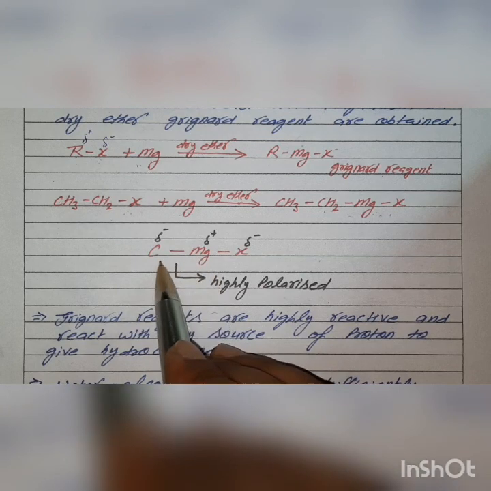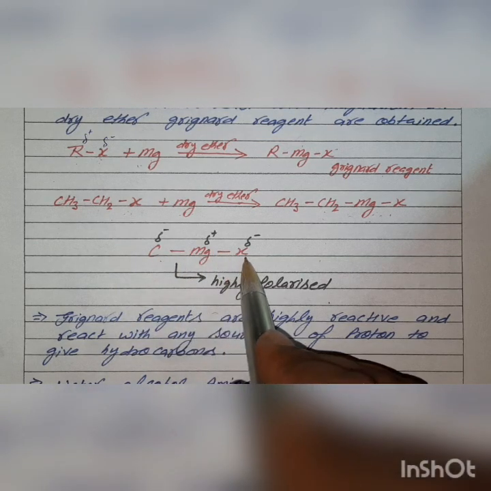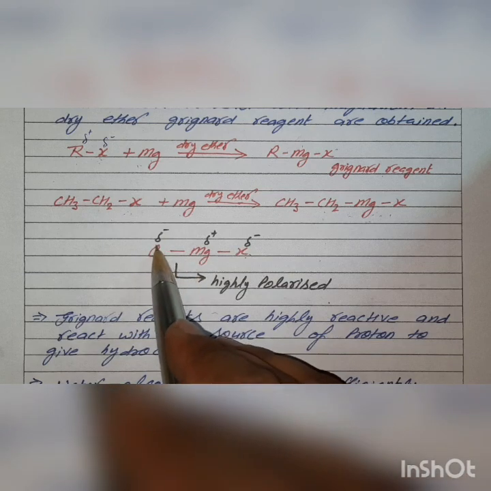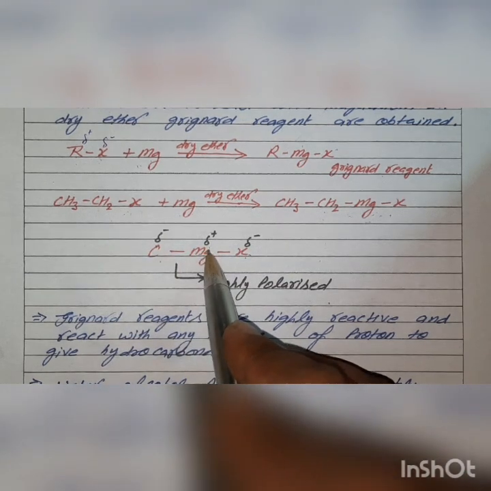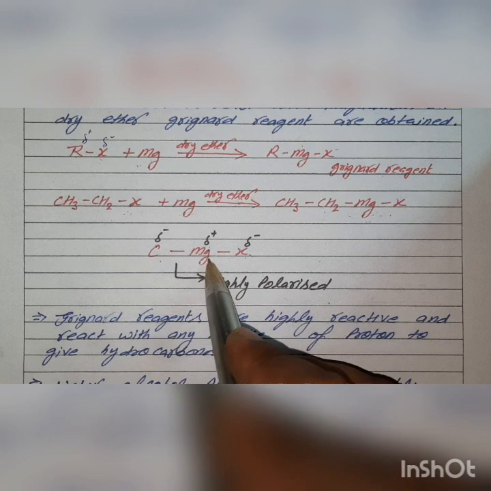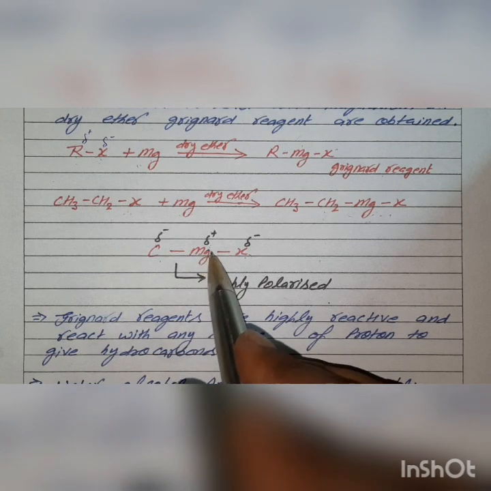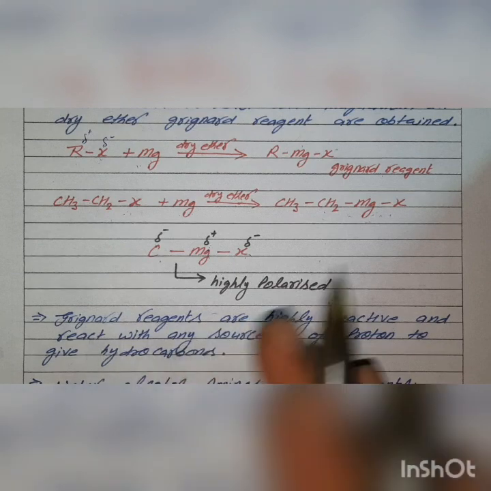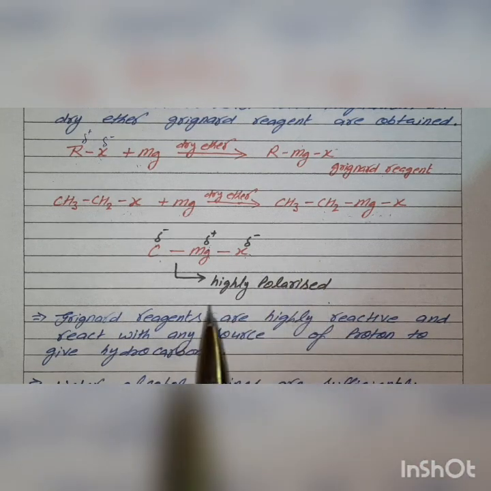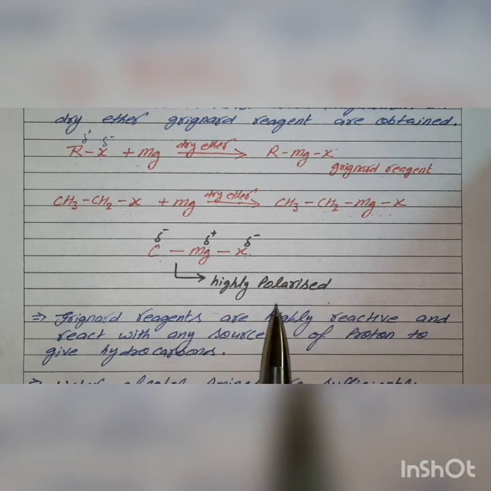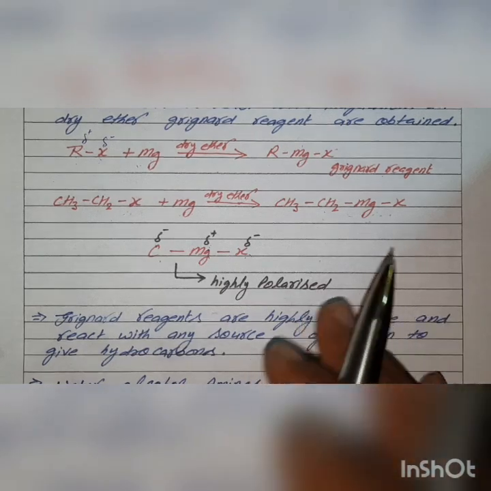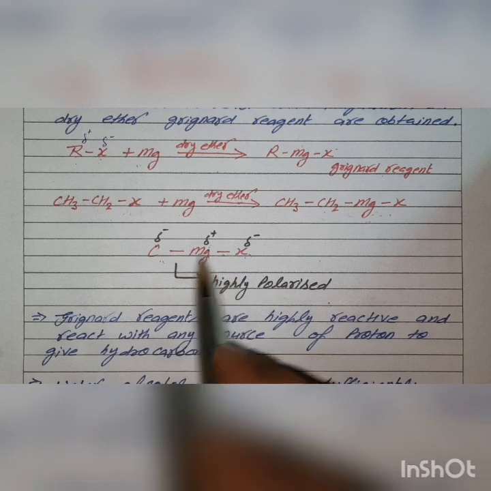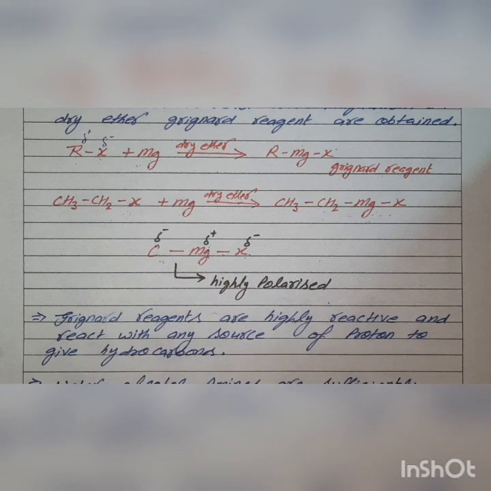Mg links with the carbon atom and with the halogen atom. Halogen is electronegative and carbon is electronegative. Mg is electropositive because it is placed on the left side of the periodic table. When we move left to right, electronegativity increases and electropositivity decreases. So both these bonds are polarized bonds.